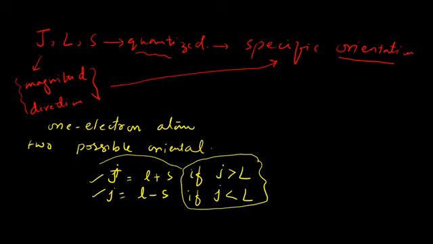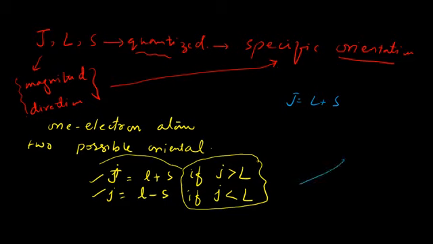As you know, total angular momentum is a vector quantity, as it has both magnitude as well as direction. So we can represent j equals l plus s and j equals l minus s by the rules of vector addition and vector subtraction.